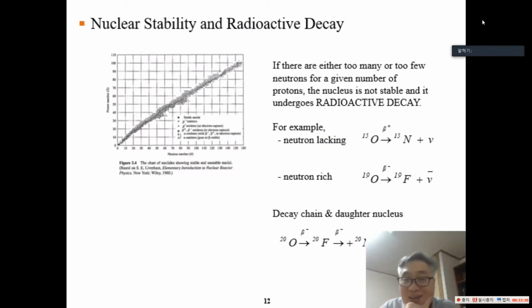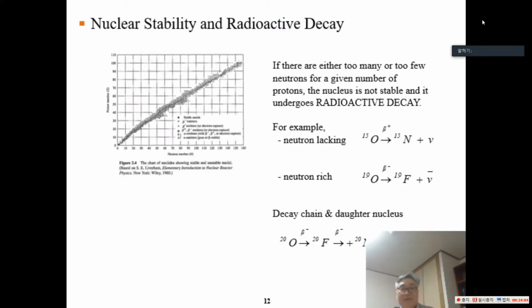And if neutron is lacking, a positive electron, that means a positron, is emitted, and this way they become stable. So this graph is quite important, because when the nucleus becomes heavier, we need more neutrons.